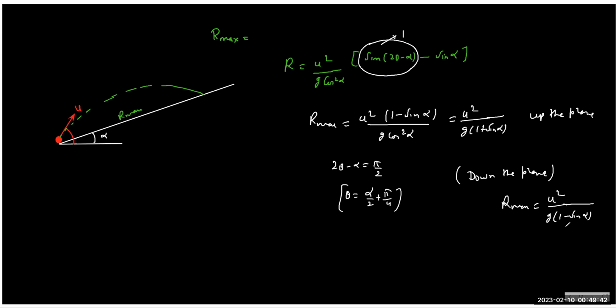When you go up, the gravity will slow you down, so it will be less. In coming down, gravity will support, so you will go farther. With the same effort, you can throw something much farther down the plane than up the plane. Is this clear? Yes.